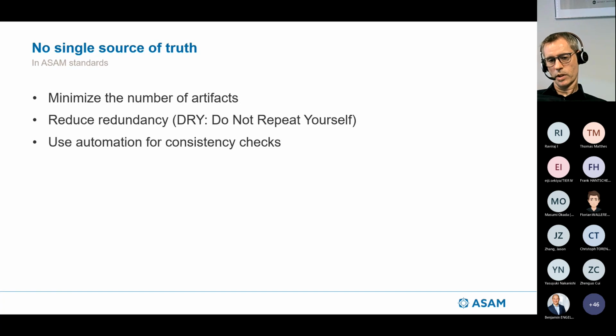What we can do is use automation for consistency checks, and automation is a great tool when it comes to checking consistency, instead of making everything into a UML model or making everything in an OWL model or something like that.